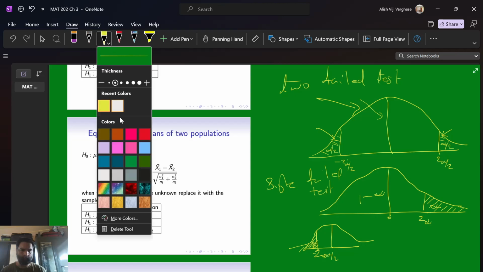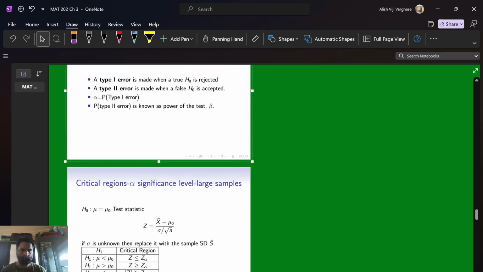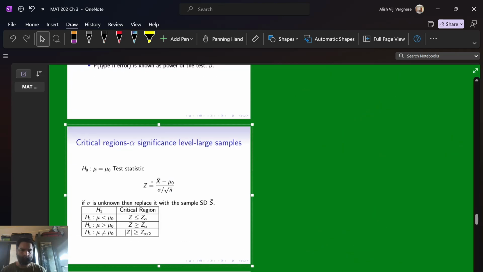Let us correct it. Here it is minus Z alpha. I think we have the same mistake in our previous slides also. Here also, if H1 is mu1 less than mu naught, then it is minus Z alpha.